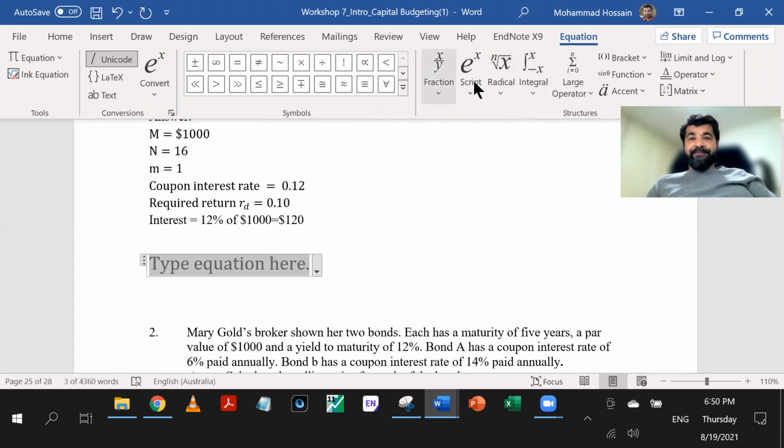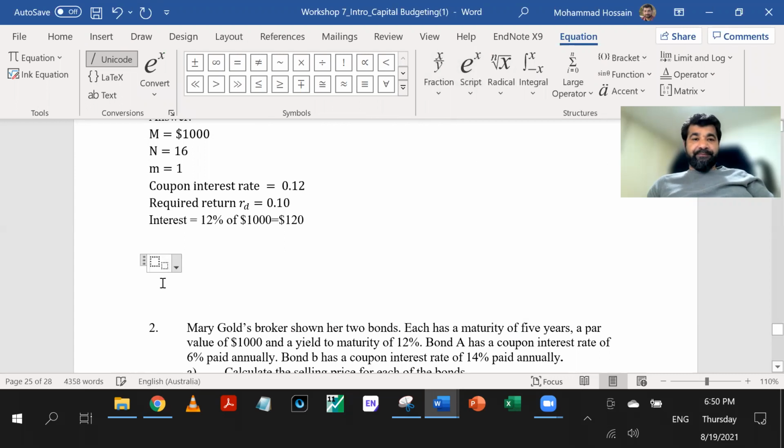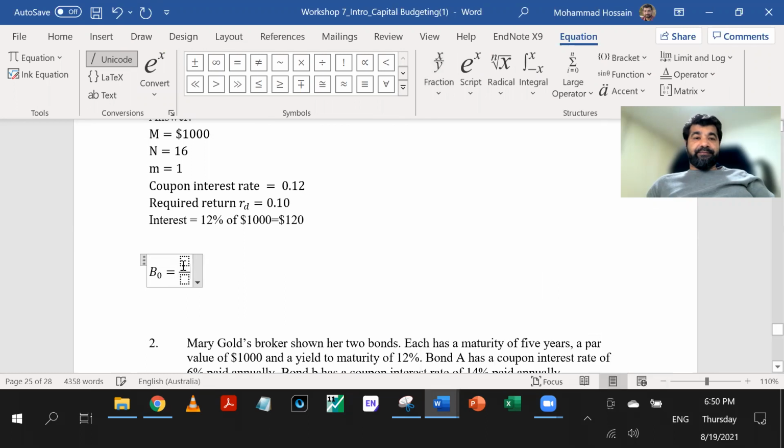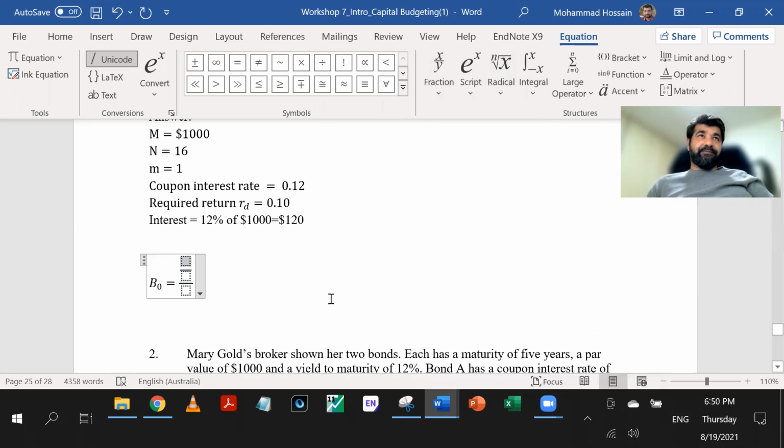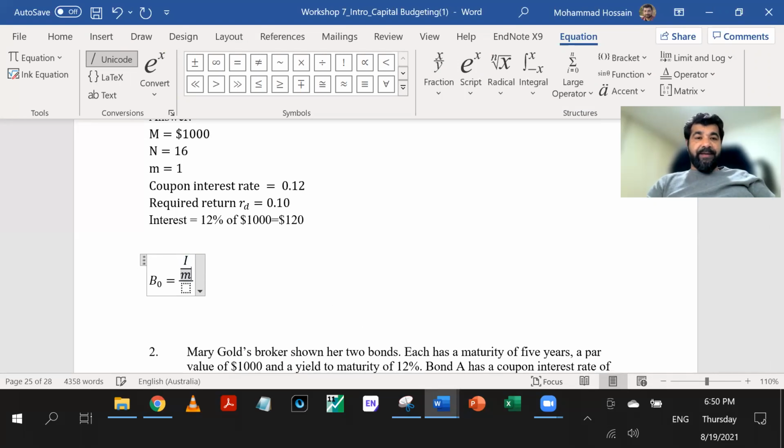So here, bond 0 is equal to, so here again I divided by n.